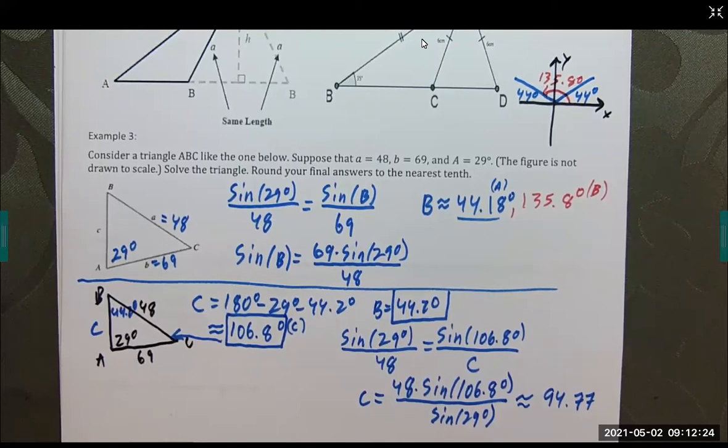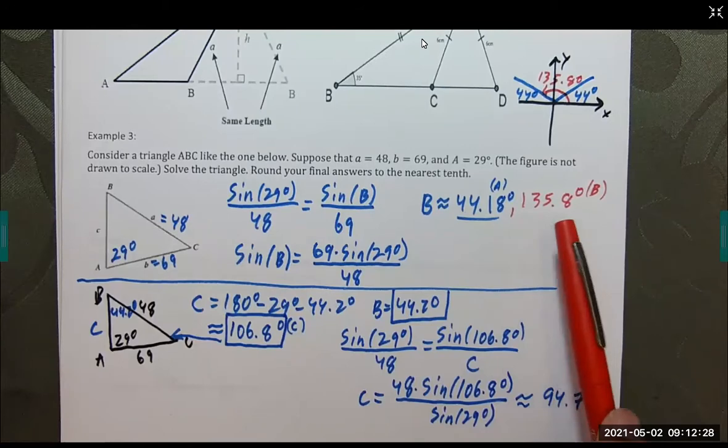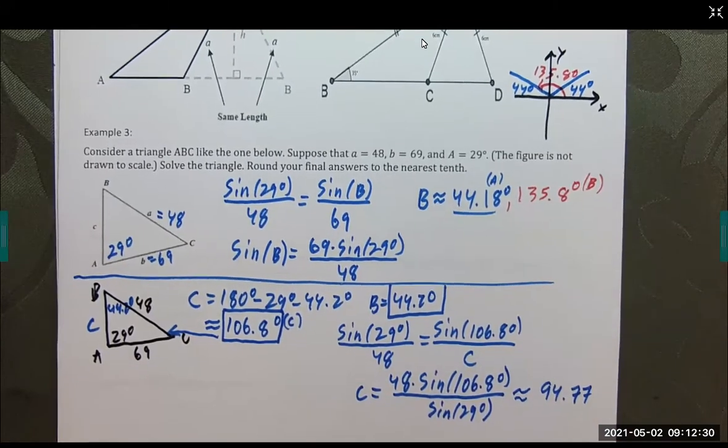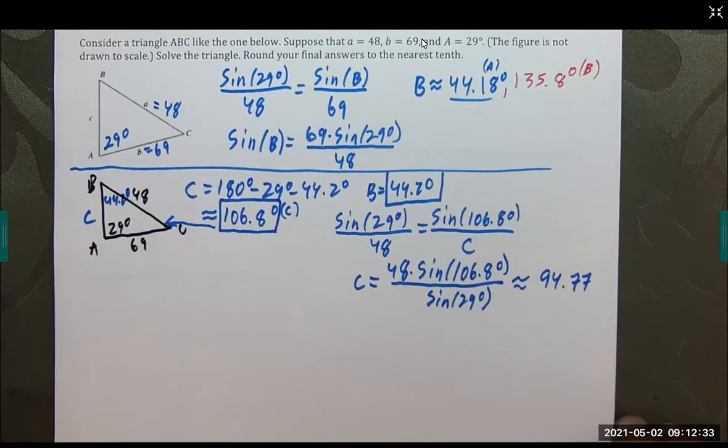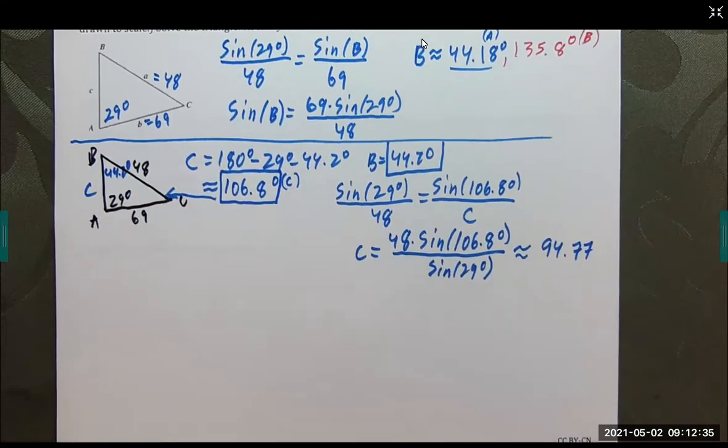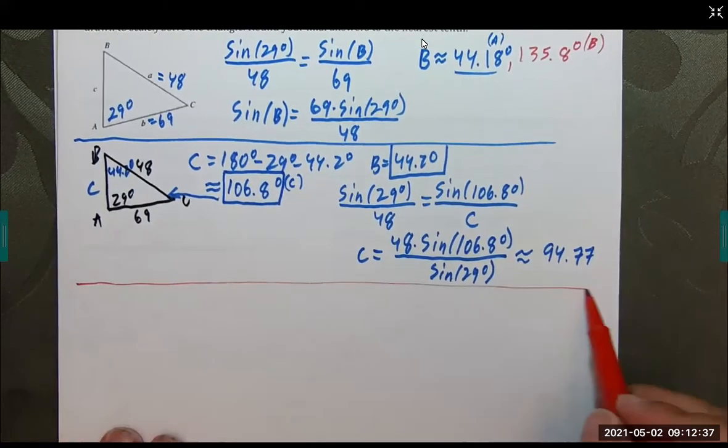All right, next up, what if we have the ambiguous case, the 135.8? Well, let's see what happens there. Triangle again.